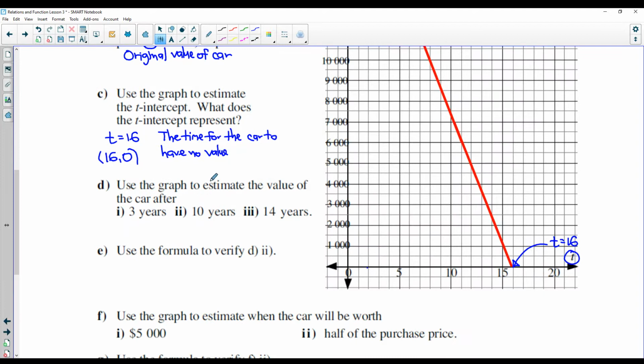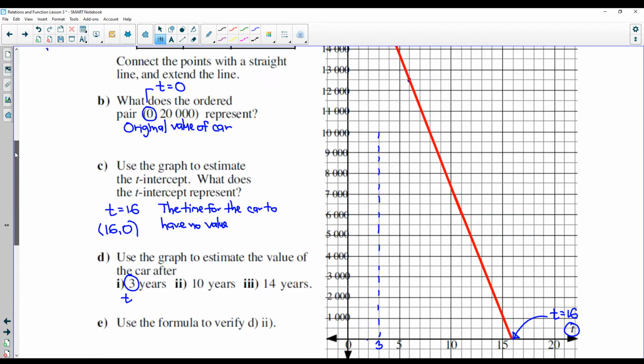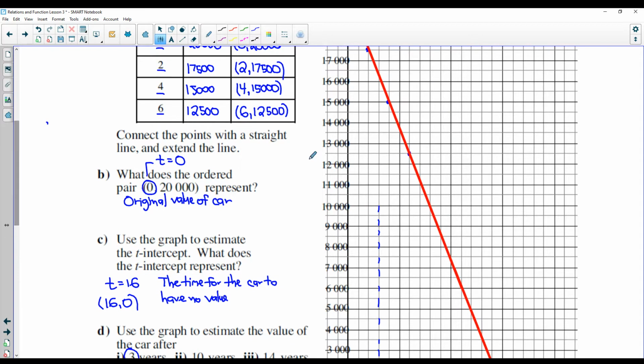Okay, D says use the graph to estimate the value of the car after 3 years, 10 years, and 14 years. So what I would do is go to the t-axis, go to 3, and then just go straight up. It's taking forever to get up here because this graph is huge.